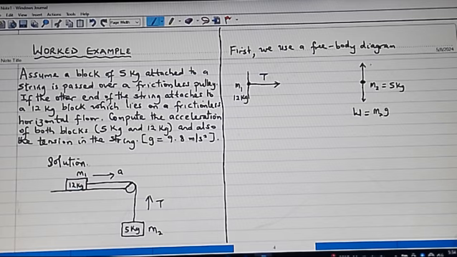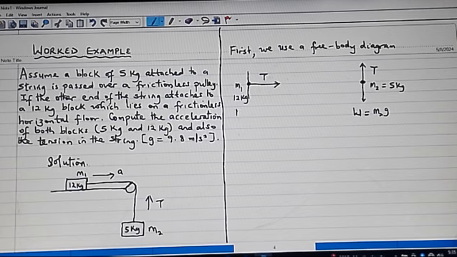We have the tension acting upwards. So on this mass of 5 kg, we've indicated the tension is acting upwards, the weight is acting downwards. Then for this, the tension is acting this way. So we'll consider the first particle, that is particle 1.